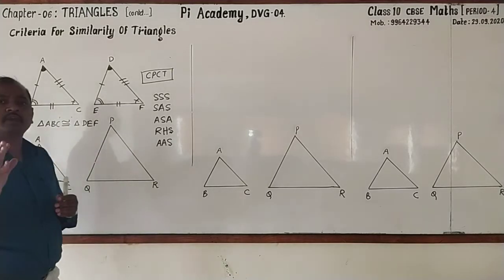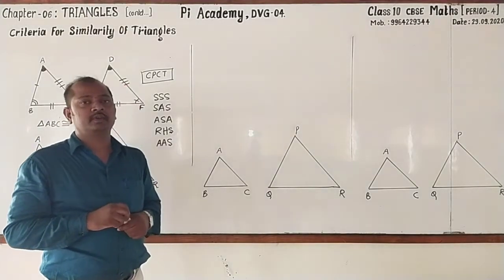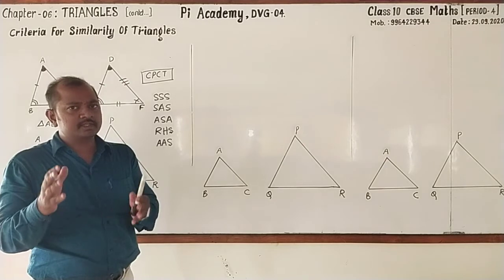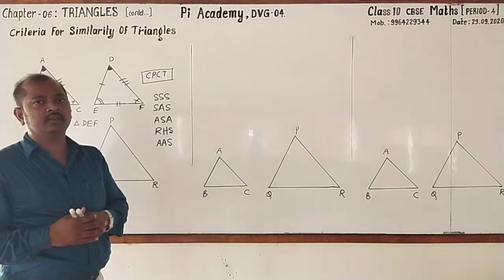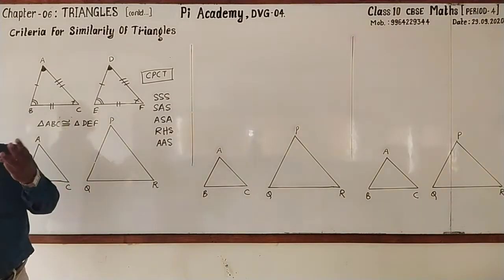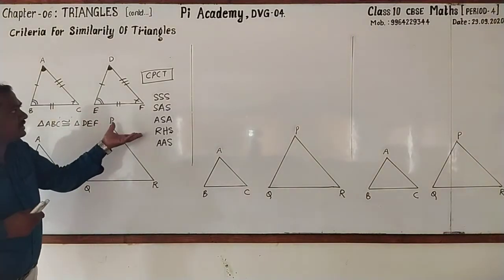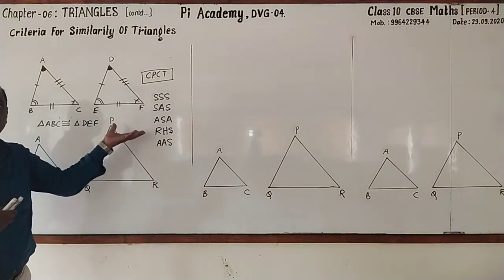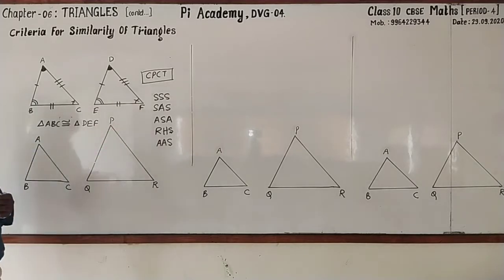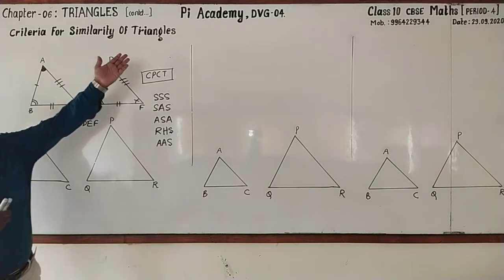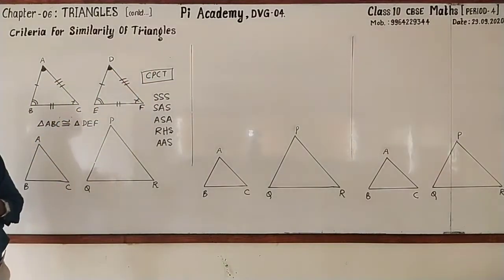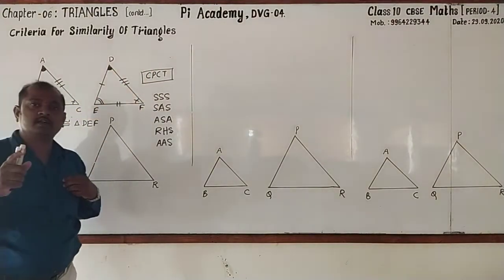So here also we have taken 6 pairs of elements. Is it necessary to take all the 6 pairs? No. Again, we take just 3 pairs of elements as we had taken in congruency of triangles. And based on that, we will study the criteria for similarity of triangles. Do you know what these are? Yes. Now let us learn one by one.